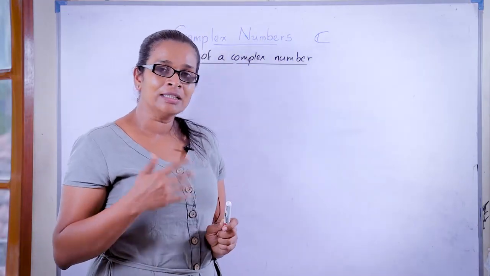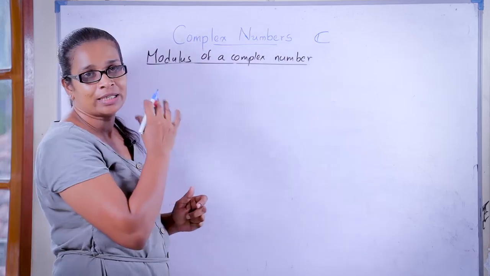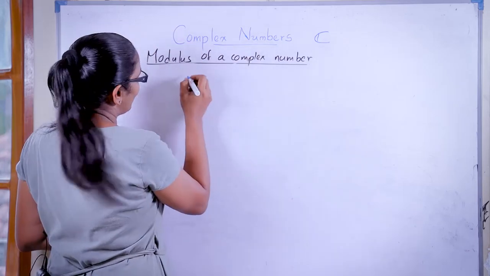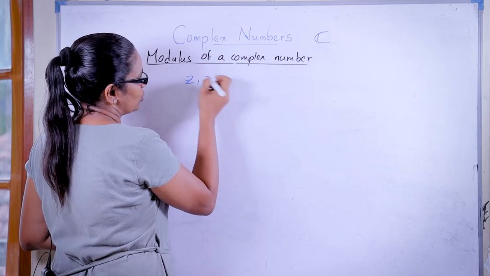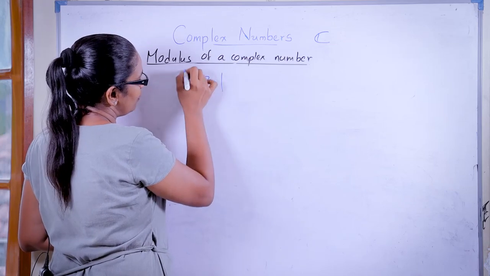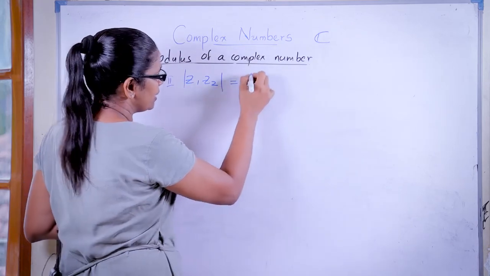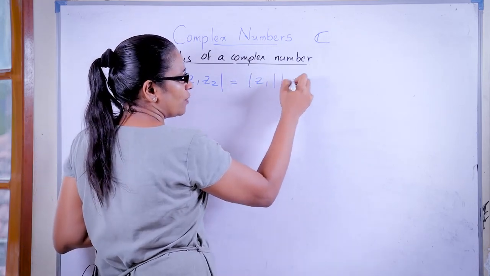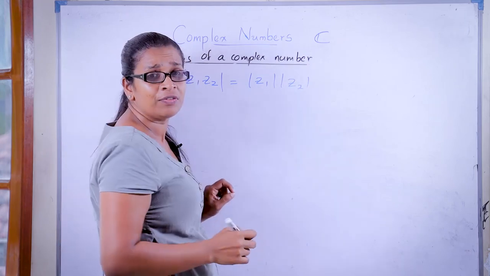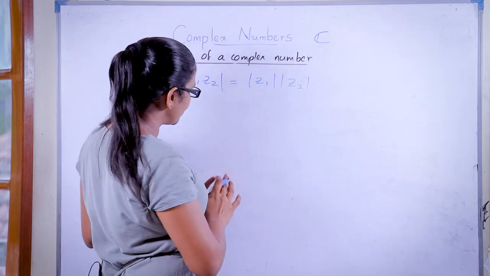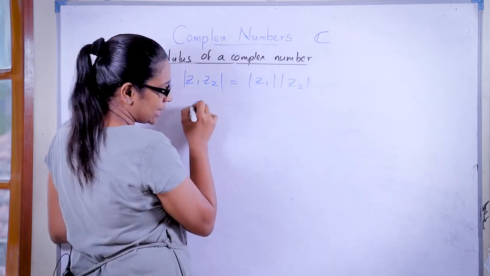Again, there's another theory I need to talk about related to modulus. Look at this one: the modulus of z1 z2. You can write this as the modulus of z1 into the modulus of z2. I am going to prove this one.